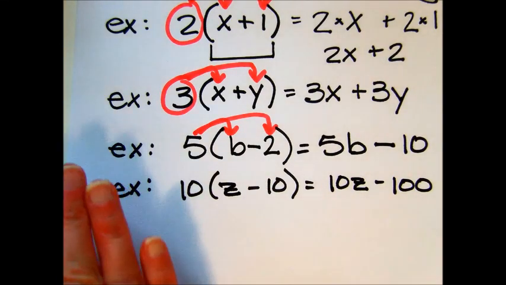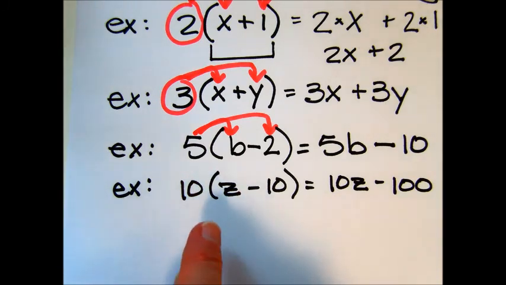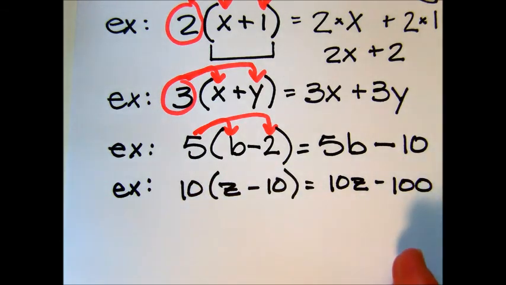Okay, now, this is a really neat property to know because when we are solving for x, we're going to have to eliminate sets of parentheses. We're going to have a hard time solving if we have parentheses in our expression. So in a future lesson, we'll talk about solving for x, or the value of the unknown.